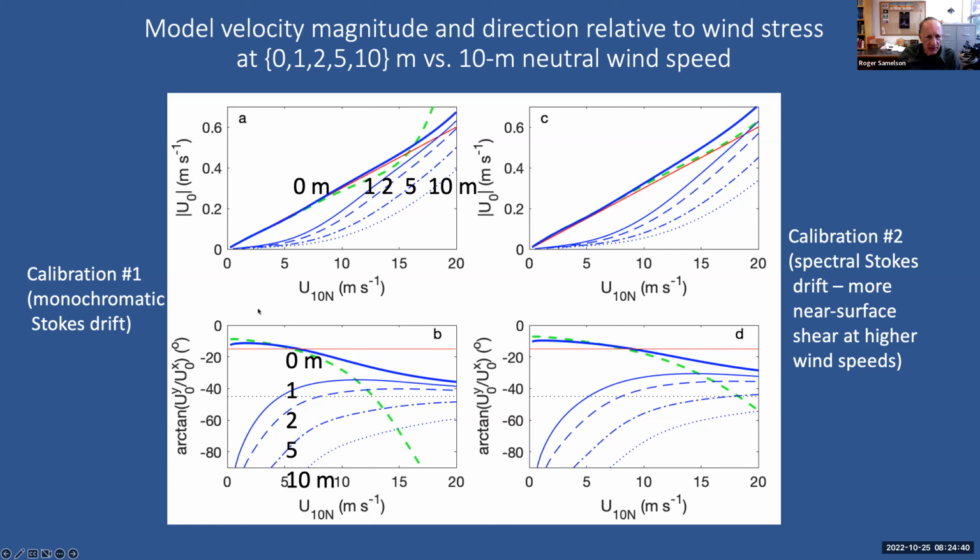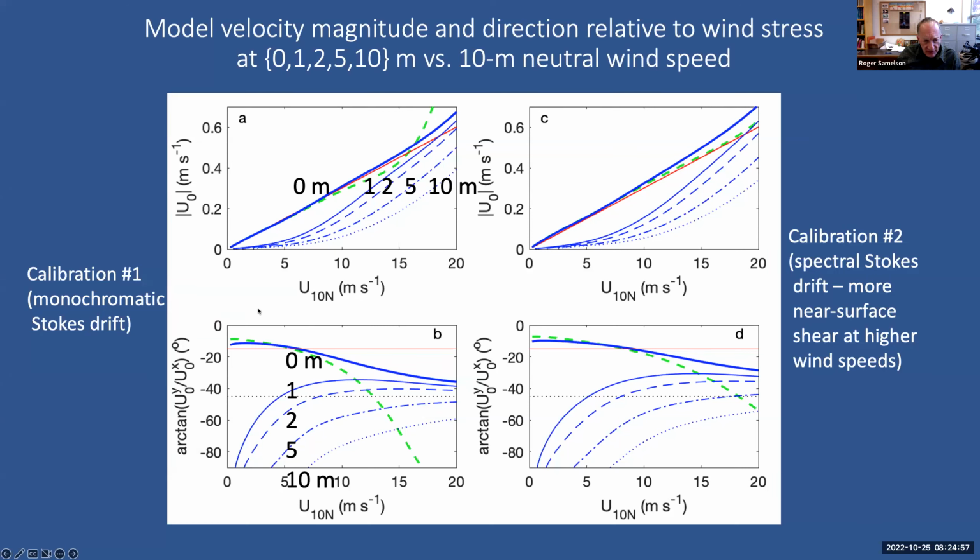And on the whole, so the red lines are the 3% rule, 15 degrees. And you can see actually the surface velocity is fairly close to that in all cases, but by the time you get to 1 meter, there's a significant amount of shear in both of those, and they're quite far below that.